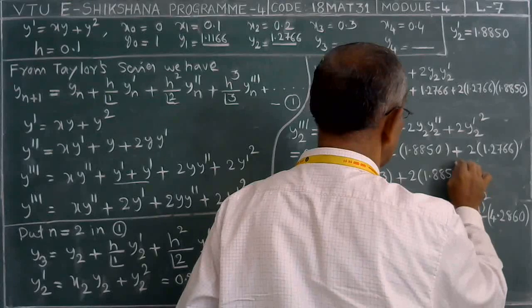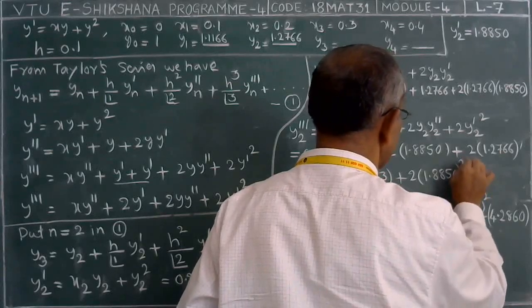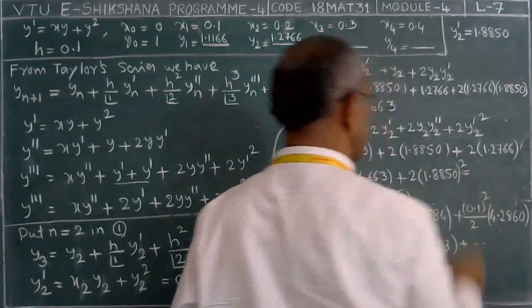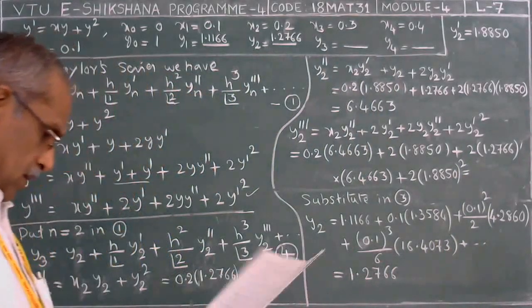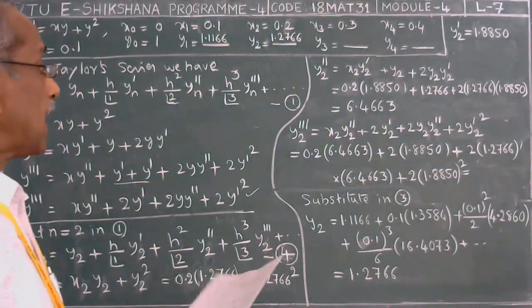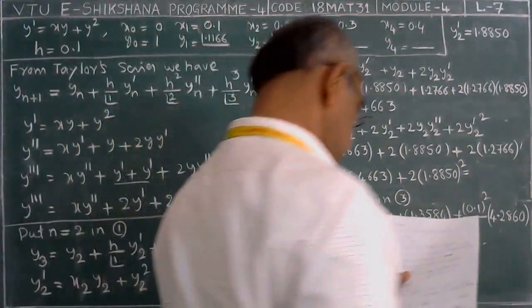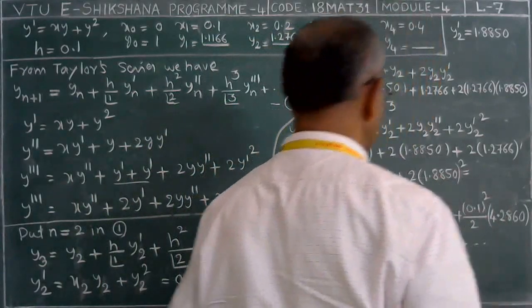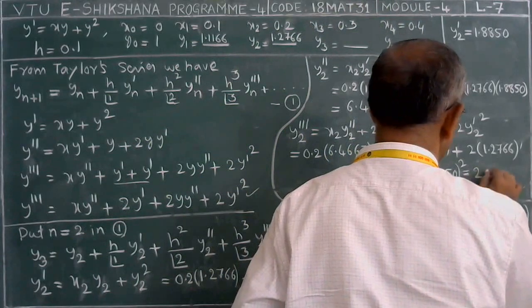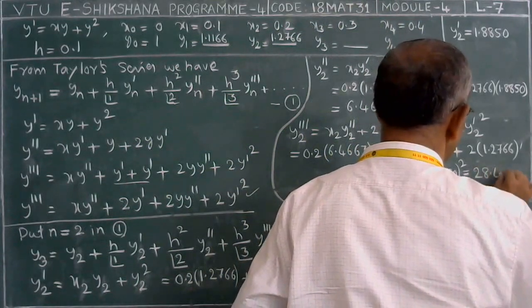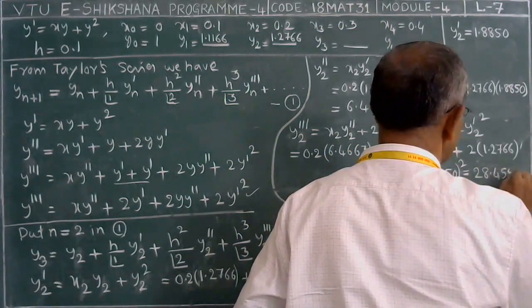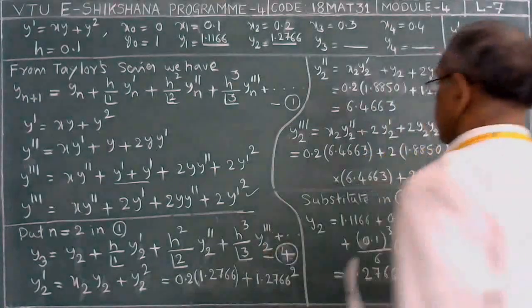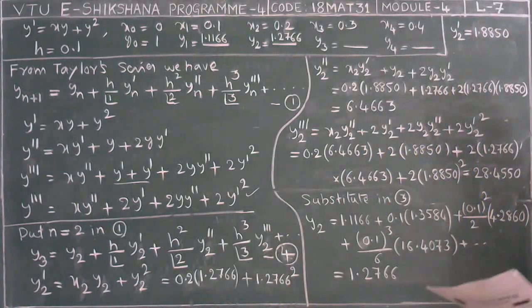If you calculate this, y2 triple dash is 28.455.